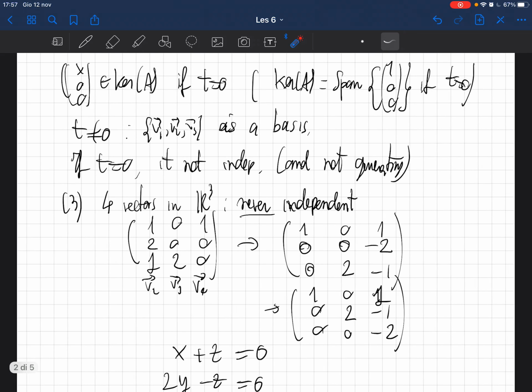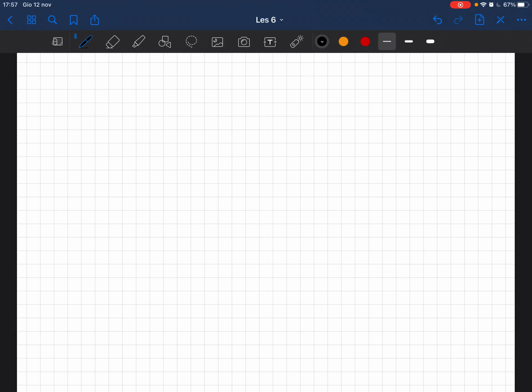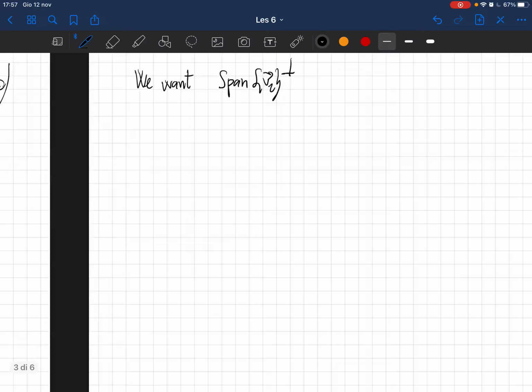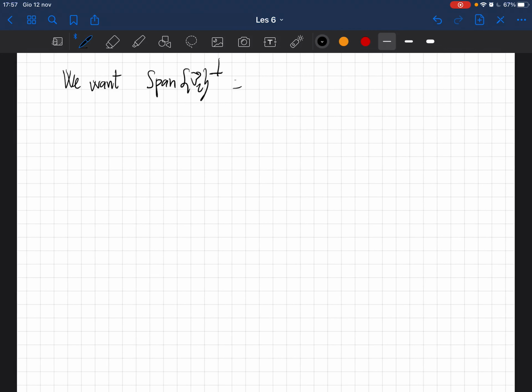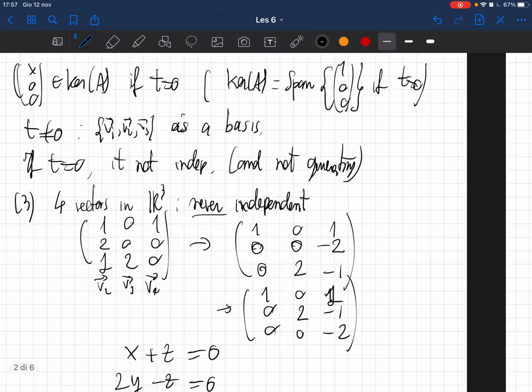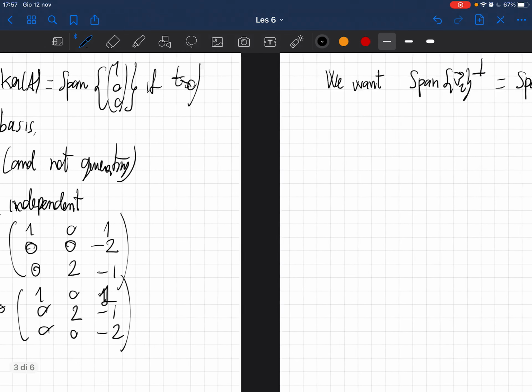Good. So we want the span of v1 and take the orthogonal of this. So v1 is 1, 2, 1. Is this correct? I hope. Yes.